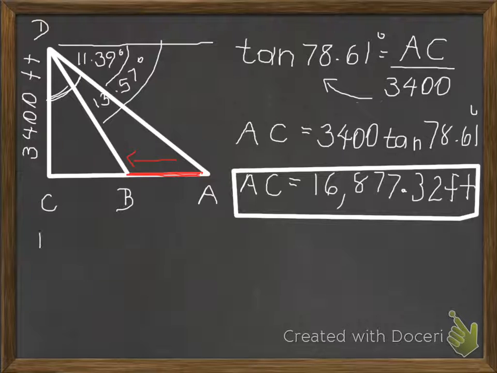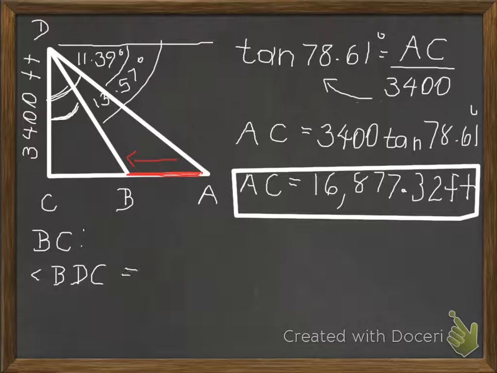So to find BC, we do a similar process to what we did to find AC. First, we need angle BDC, the angle at D subtended by B and C.